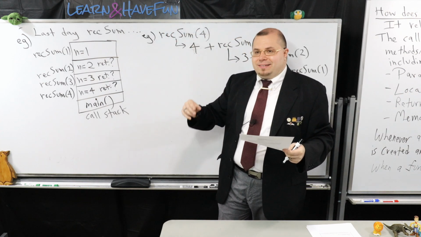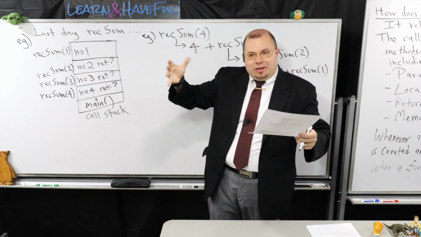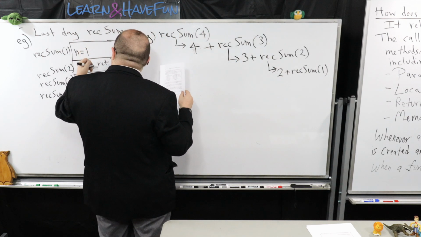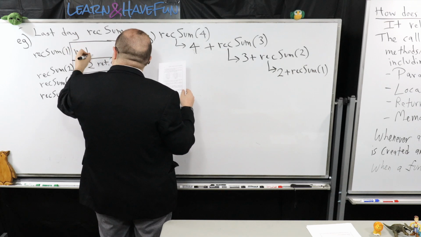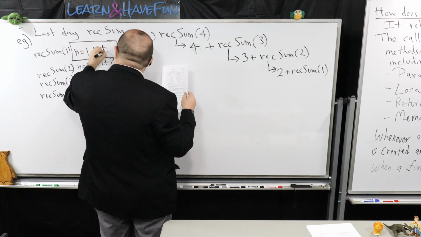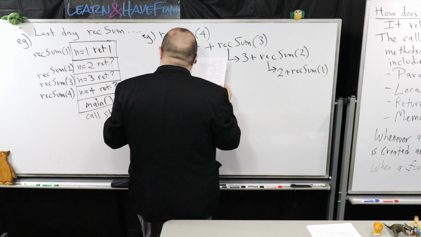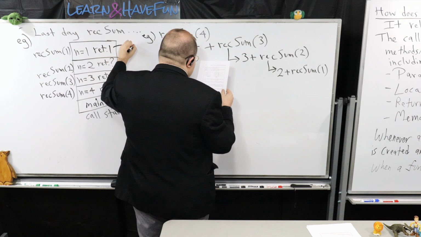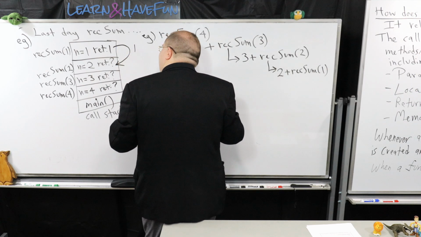The base case is like that last piece you need to put everything together. Since I know how to solve rec sum 1 directly, I compute it. I simply say the answer is 1, so I return 1.